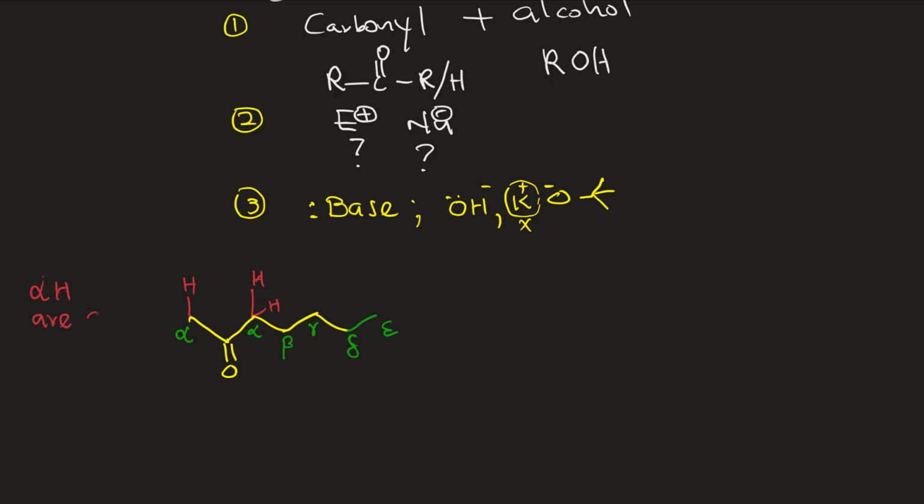These are called alpha hydrogens, and alpha hydrogens are acidic. Now you see why we have a base. The base extracts this alpha hydrogen and makes a carbanion on the alpha position. So you make a carbanion at the alpha carbon by extracting the alpha hydrogen with a base.